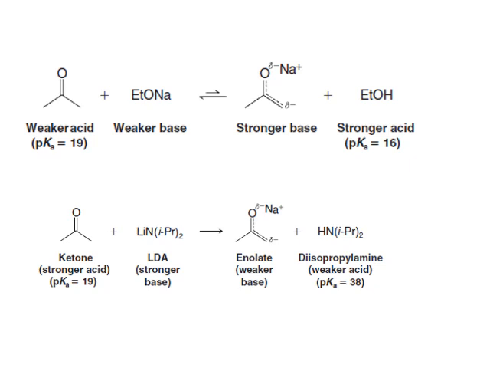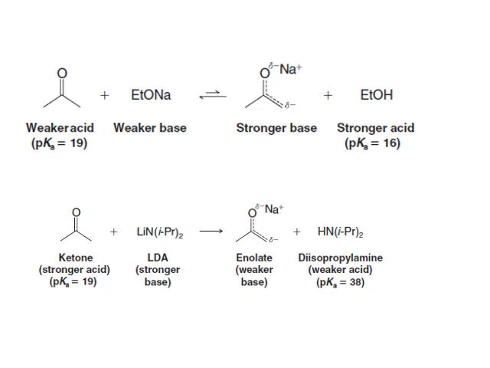The pKa of the conjugate acid of the weaker base is nearly similar to the conjugate acid of the enolate, that's to say the ketone.